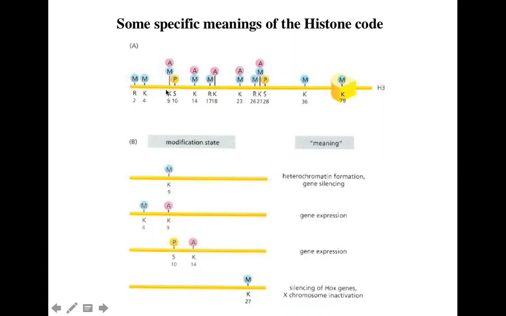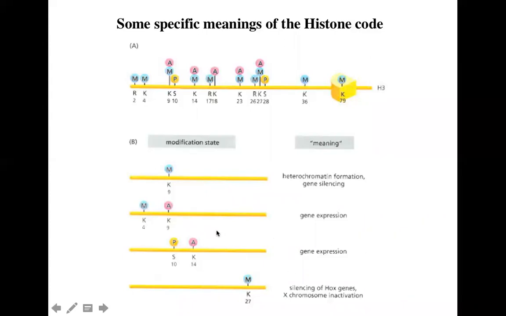This is K9, this is S10 phosphorylated, and then this is K14. This can either get acylated or methylated, so this needs to be acylated. When S10 is phosphorylated and K14 is acylated, that's a signal for transcription initiation that leads to gene expression.